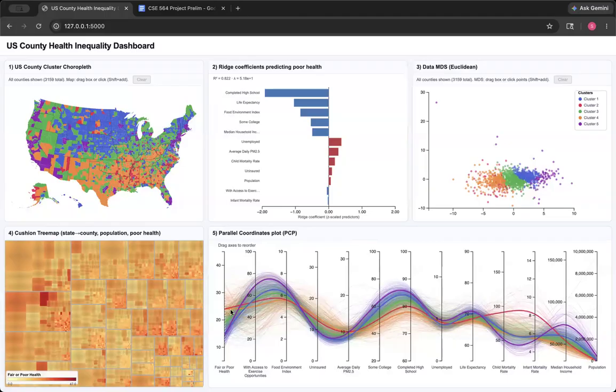For example, you can see that the red and orange, which are cluster 2 and cluster 4, have a higher poor health rate compared to cluster 1 and cluster 5. Which says that the north counties have lower poor health, or better health, than the south counties.